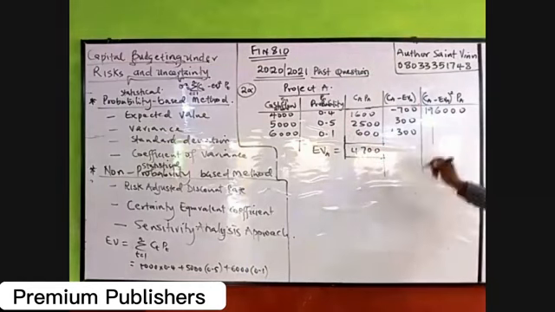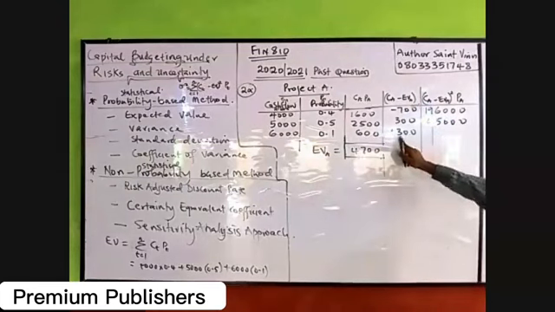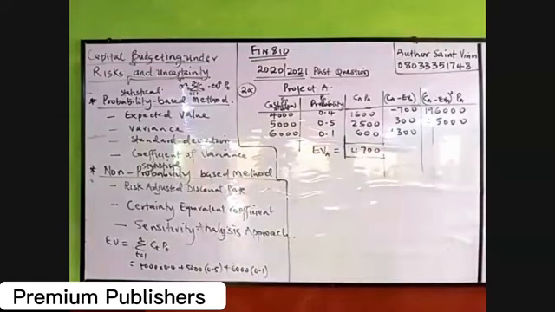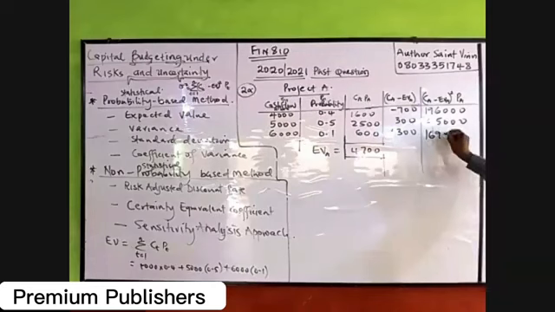45,000. Good. Then 1,300 squared times 0.1. What do you have? Make sure you are pressing the calculator. 169,000. Is it okay?